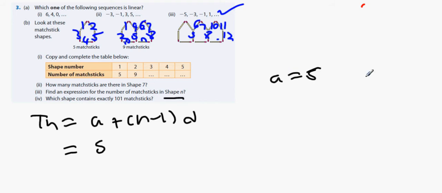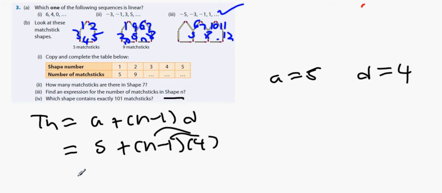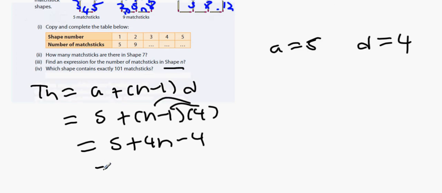So we're going to get 5 plus n minus 1 times 4. Multiply it out. And we're going to get 5 plus 4n minus 4. And what we should get here is 4n plus 1. Tn is 4n plus 1.